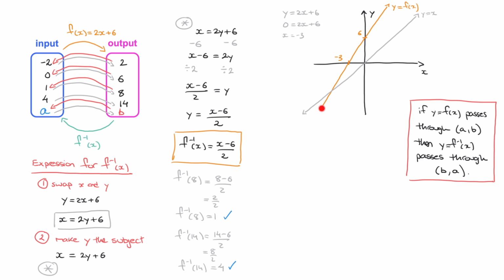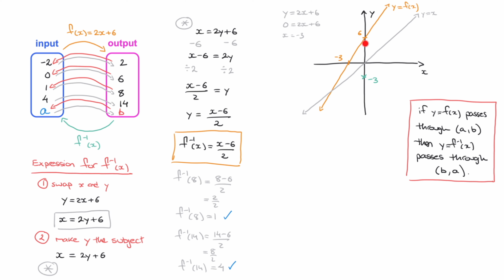Here it is. For y equals f of x, we can see from our sketch here that it passes through these 2 points, namely the x-intercept and the y-intercept. Now the x-intercept has coordinates (-3, 0). And what this rule tells us is that the inverse function will therefore pass through the point (0, -3), which would be right here on the y-axis.